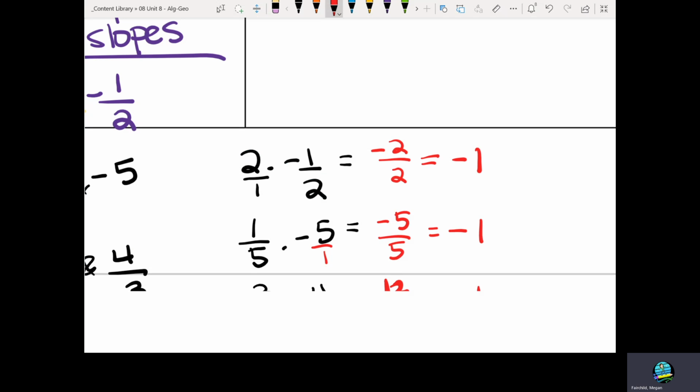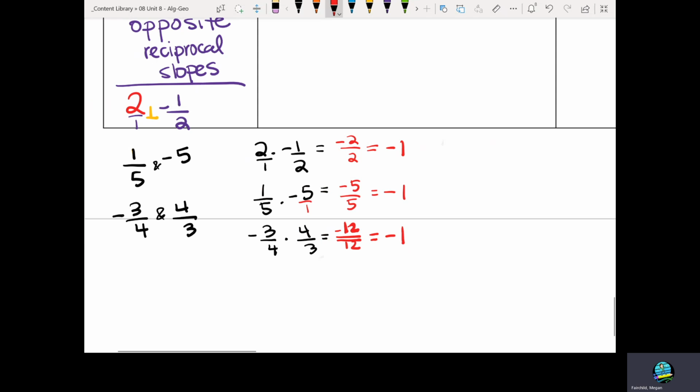All right. So all that was to help with this next part. What they're going to ask you to do is they'll give you a line, and they want you to find another line that's parallel or perpendicular to that line. Okay?